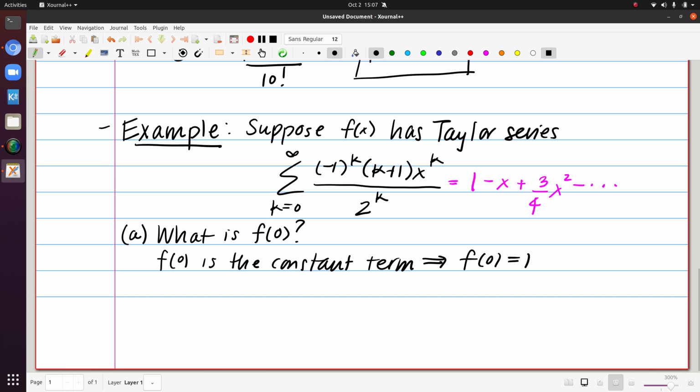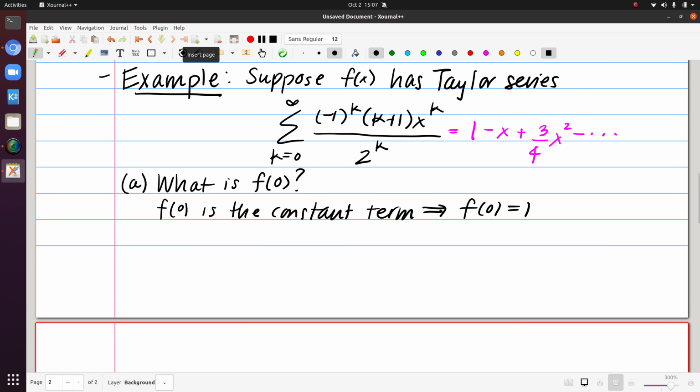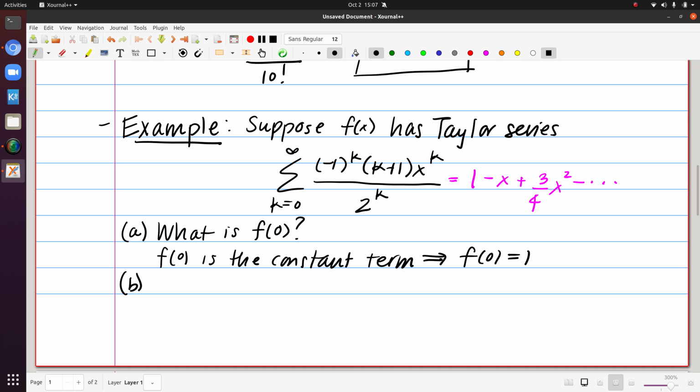If I ask now a question about a characteristic of f, is f of x increasing or decreasing at x equals 0?